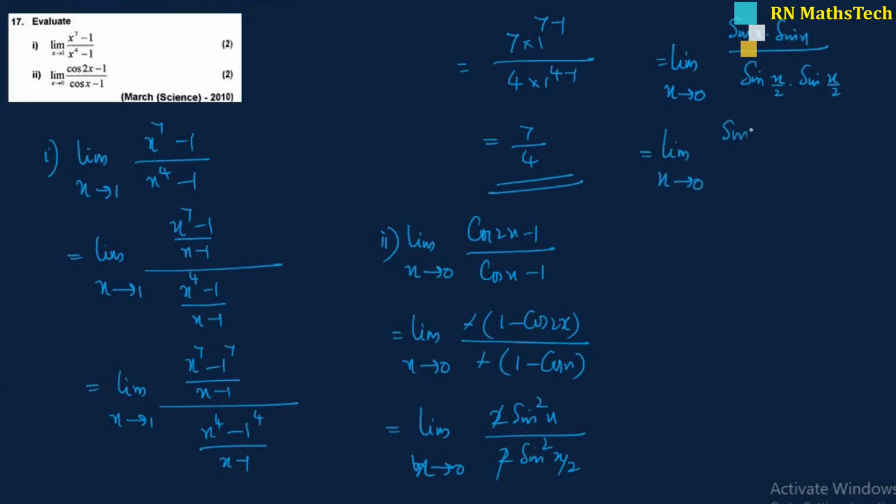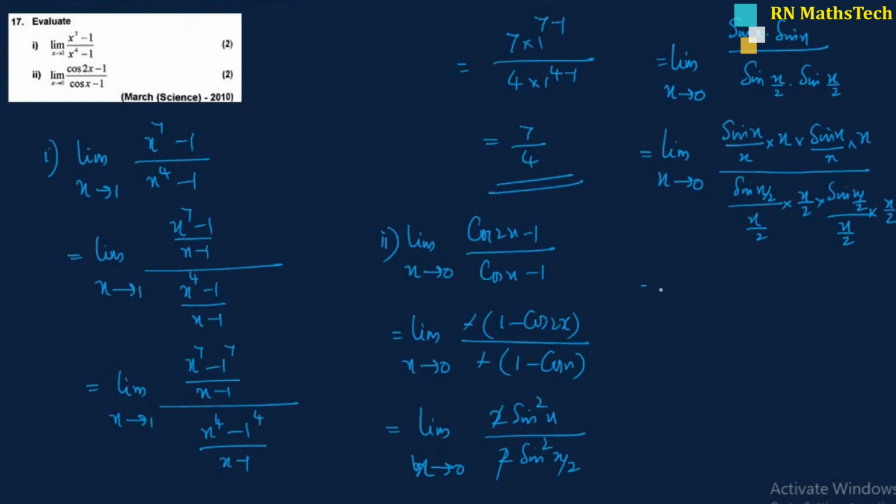Here we divide by x and multiply by x. Here also sin x by x into x, divided by sin x by 2 divided by x by 2 into x by 2, again sin x by 2 divided by x by 2 into x by 2.